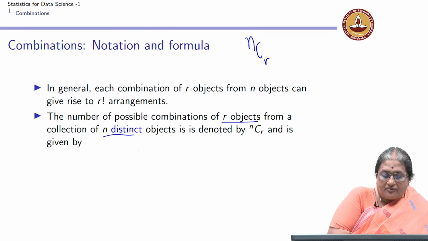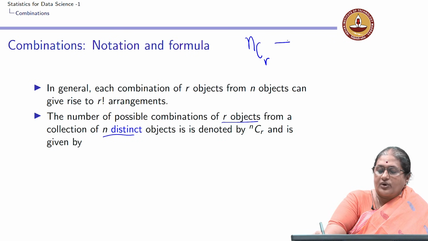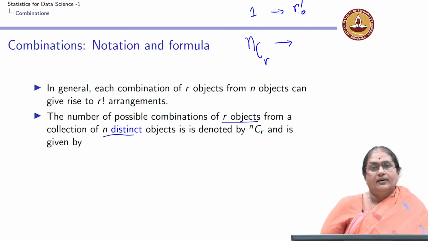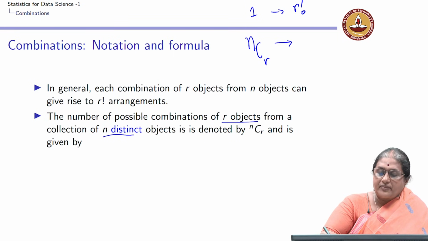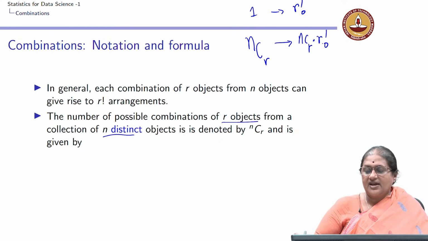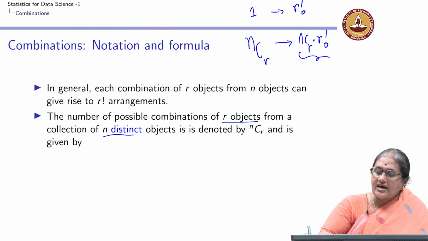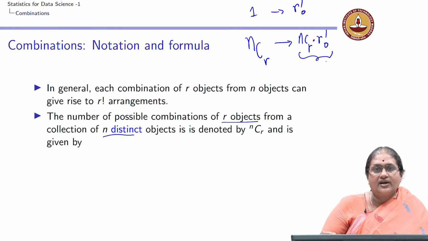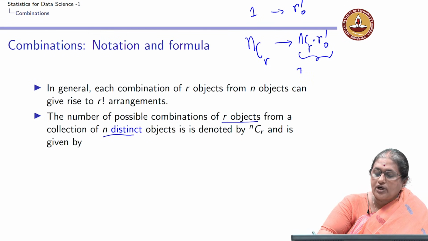From one combination, I am going to have r factorial permutations. So, from n choose r combinations, I am going to have n choose r into r factorial arrangements. Now, this n choose r into r factorial is nothing but the total number of permutations.